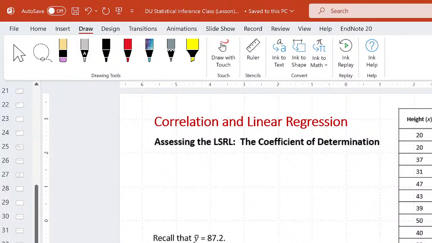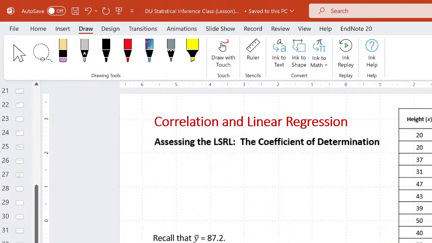We estimate that with what we call either S error or sigma hat error, and we call that the standard error of the residuals. Pretty consistent language, right? Standard deviation, standard error estimates the standard deviation. And it is the square root of the error sum of squares divided by n minus 2. You lose one for each of the two parameters, beta 0 and beta 1.